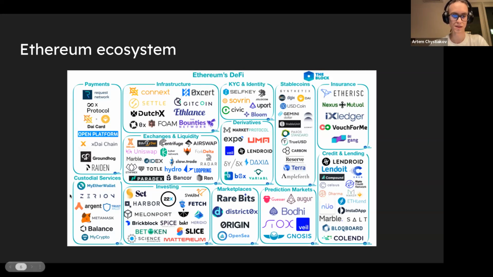Important services that might be referenced in the course are MetaMask, the wallet that most Ethereum users use to interact with the blockchain. Actually, what is not present here is Etherscan.